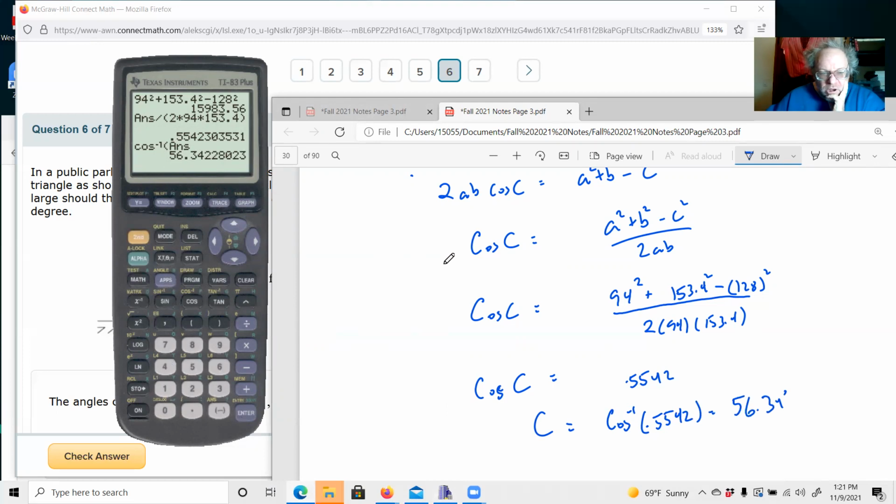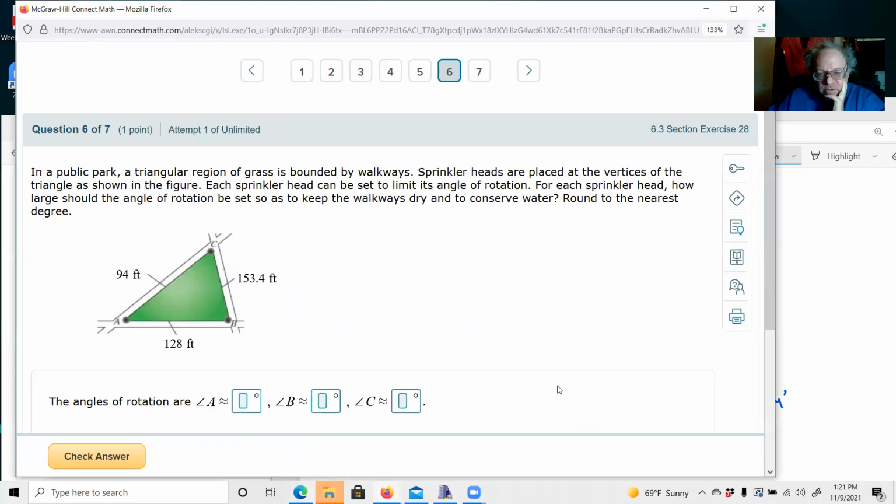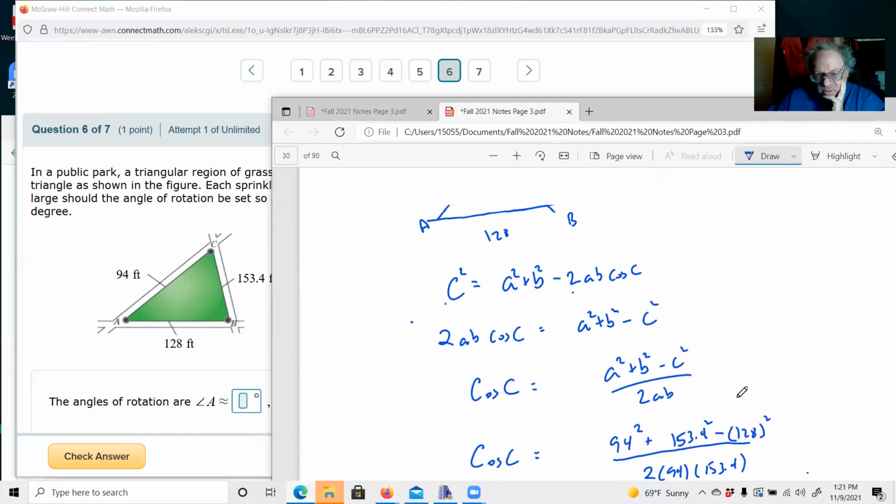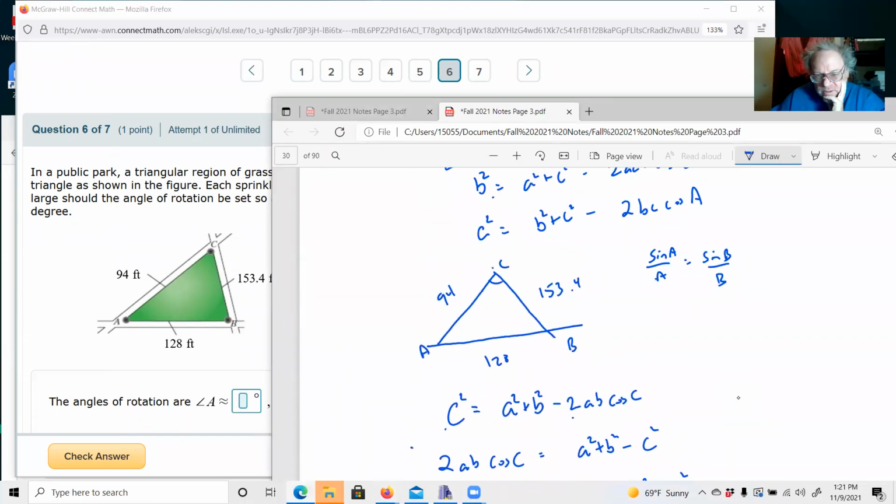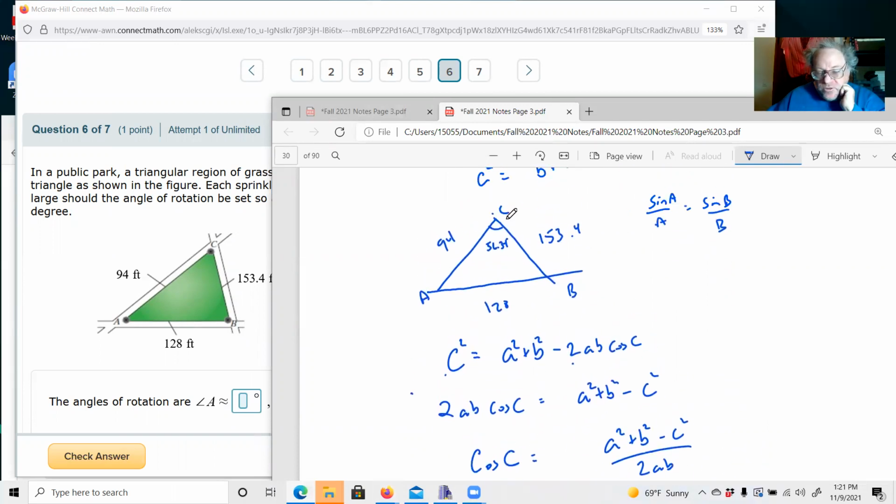Okay, so on my little picture here, my angle C is 56.34 degrees, this guy here. Now I've got a side. We've got a side, I can use the side to find the other angle. Pick whichever angle you like.